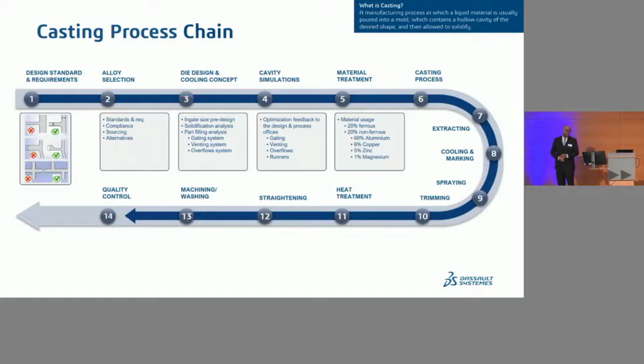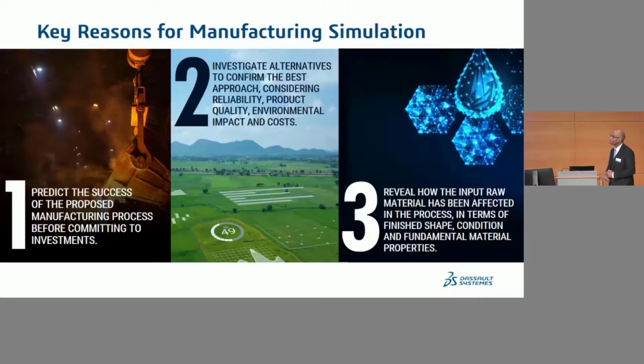Then simulations, with the details of the manufacturing process, the casting process, material treatment, and then going all the way to extracting the part from the mold, marking, spraying, trimming, possible heat treatment, and so on. So it's quite an extensive process chain that needs to be taken into account.